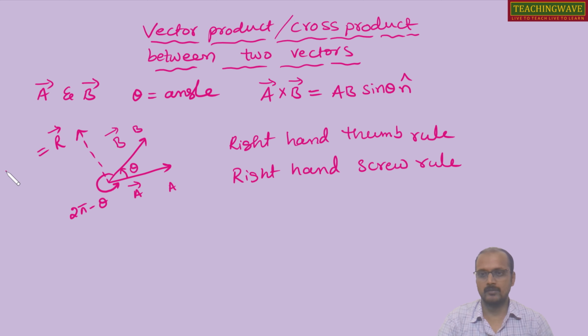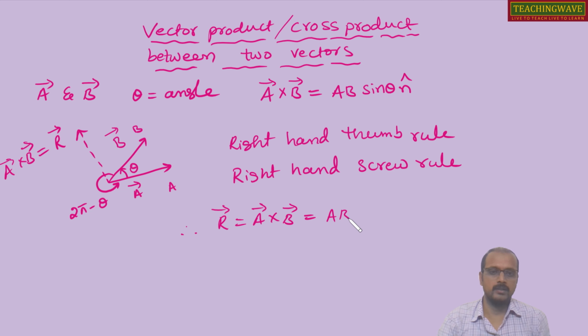That means R bar is equivalent to A bar cross B bar, which is perpendicular to the plane of A and B. That means R bar is perpendicular to A and R bar is perpendicular to B. Therefore, R bar is A bar cross B bar, equivalent to AB sine theta as the magnitude of the resultant vector, and n cap perpendicular to the plane of A and B gives the direction of the resultant vector.